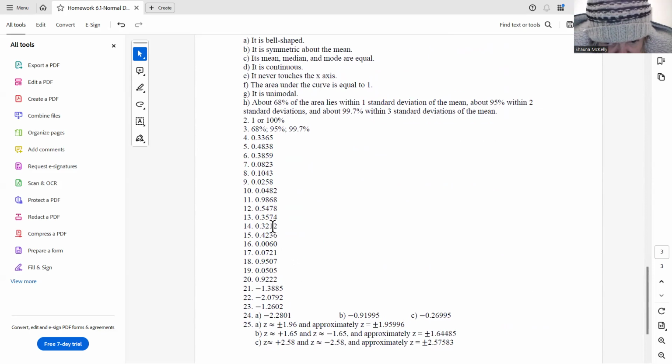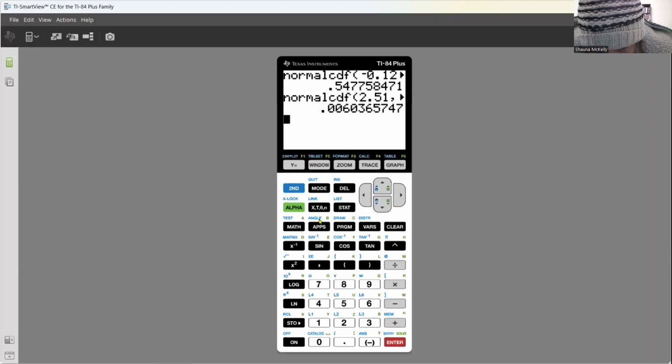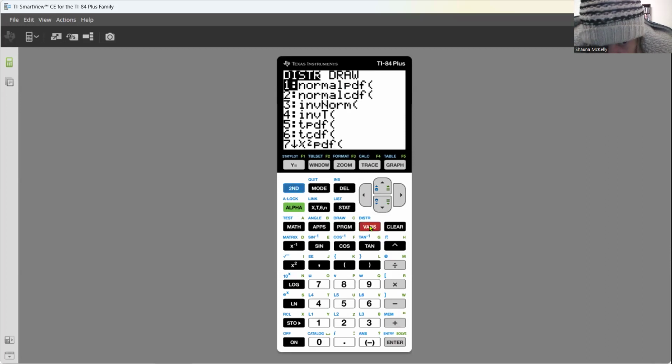Now, there's one other thing that I need to show you. If you remember, I said earlier that I'm going to show you the calculator again. I said that the function normalcdf finds the area under curves.